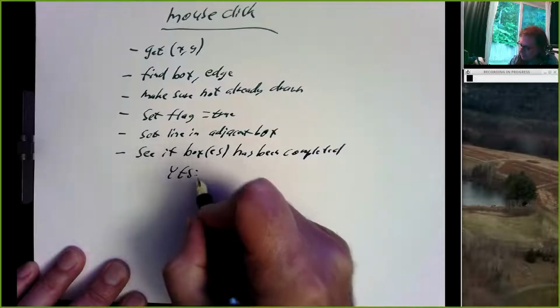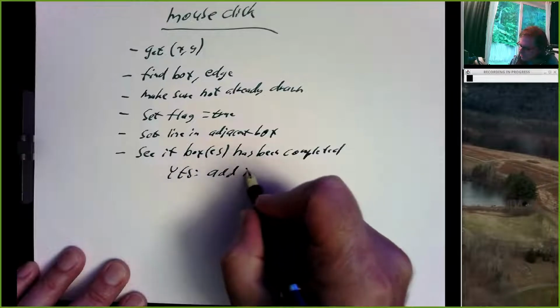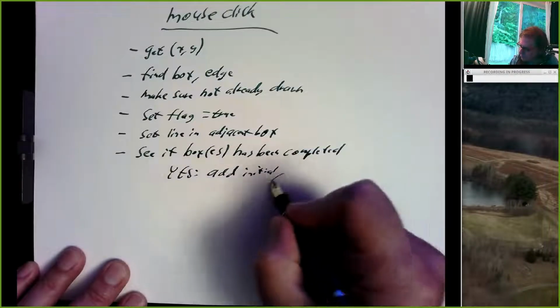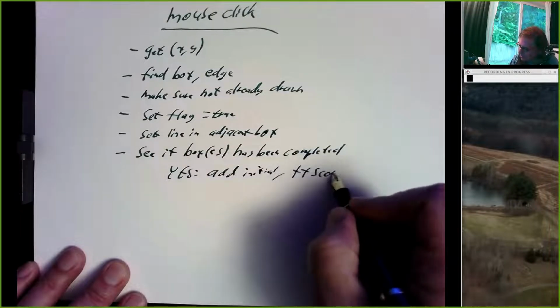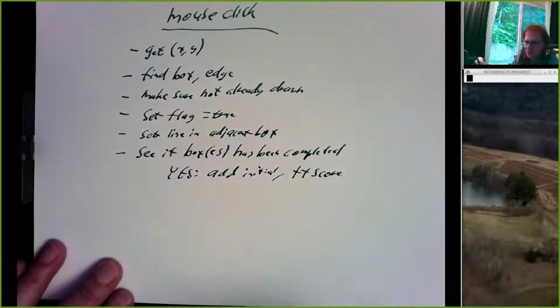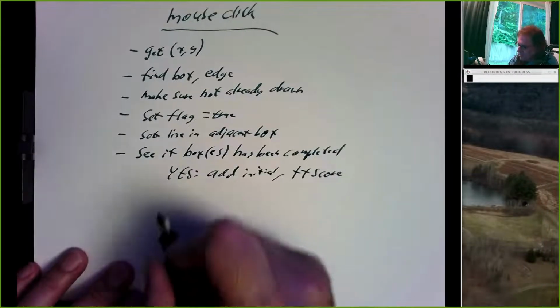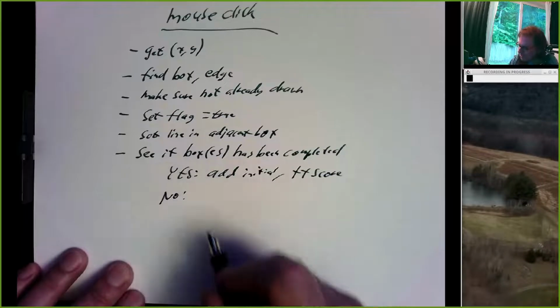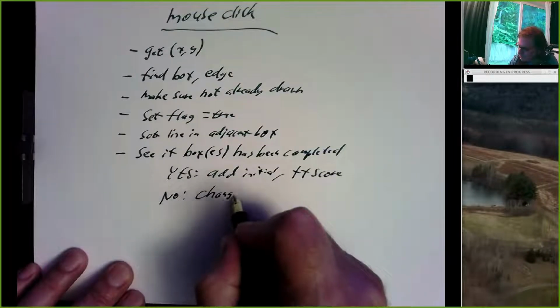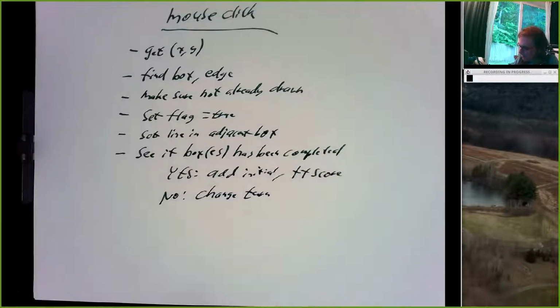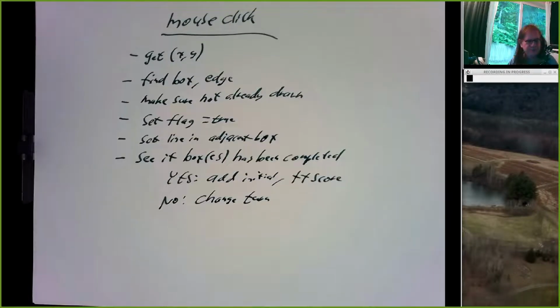If that line completes a box, add the initial. Increment the score, or maybe your score is just being incremented by the number of boxes and so on. If the box has not been completed, then you want to change whose turn it is. So toggle your Boolean flag, or if it's an integer 1 or 2, subtract it from 3 or something, right?